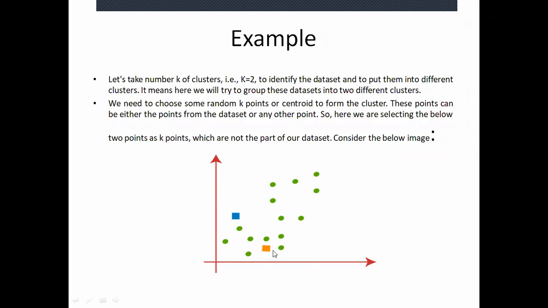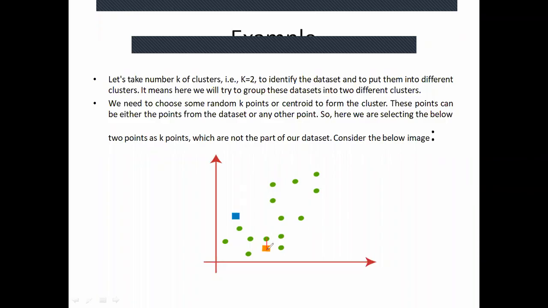Then the second step is that we need to find the distance of each data point from these centroids. If this data point is close to this one, it will belong to this cluster. If it is closer to this one, it belongs to this cluster.